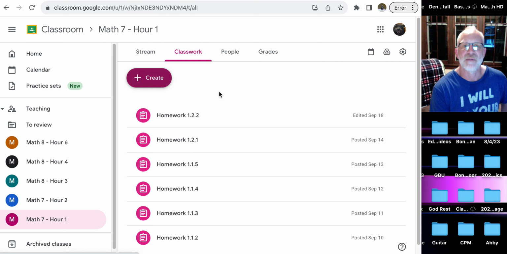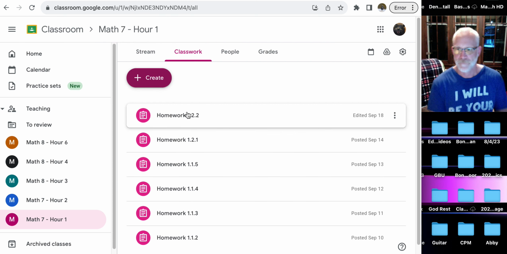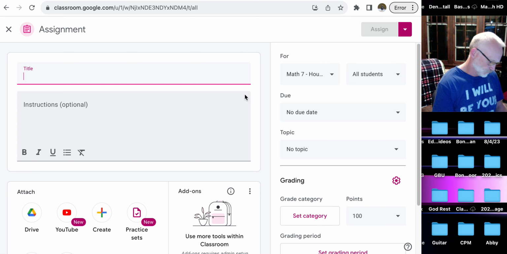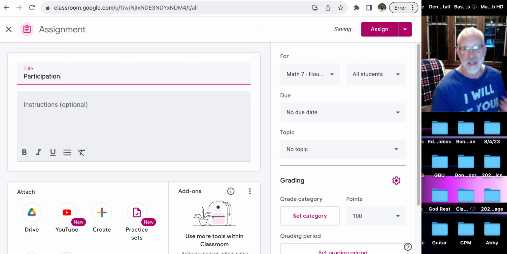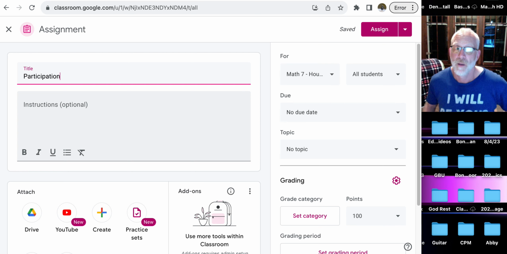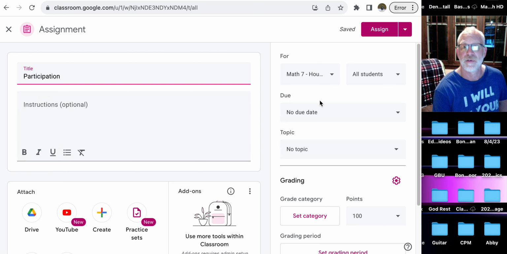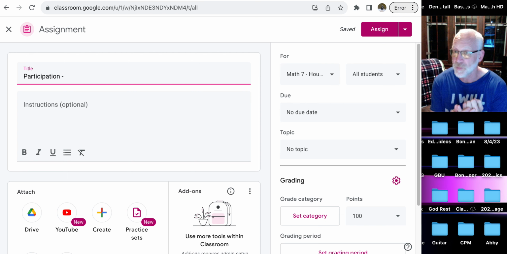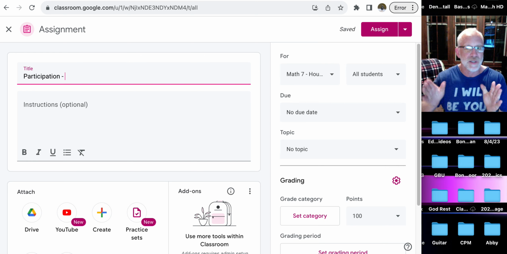And you're still going to have your homework assignments, but you're also going to have something called your participation grade. And in that participation grade, what's going to happen is you're going to have 5 points every day. Are you functioning in your group? Are you staying on task? Are you avoiding distractions?